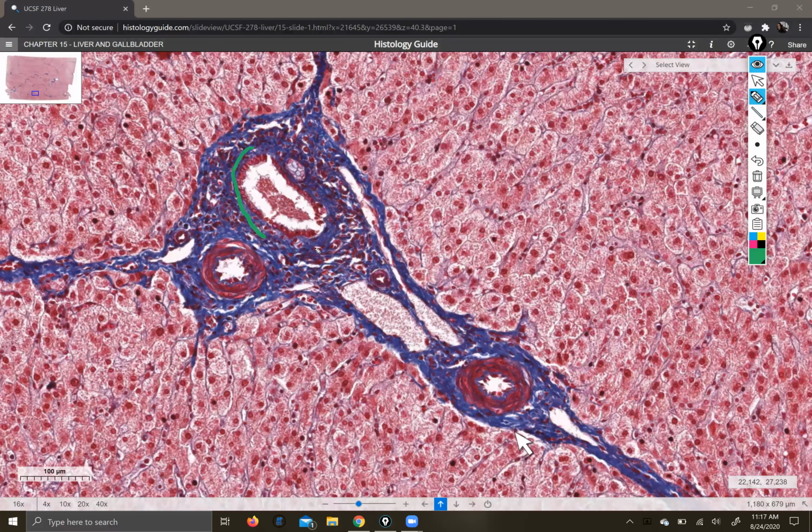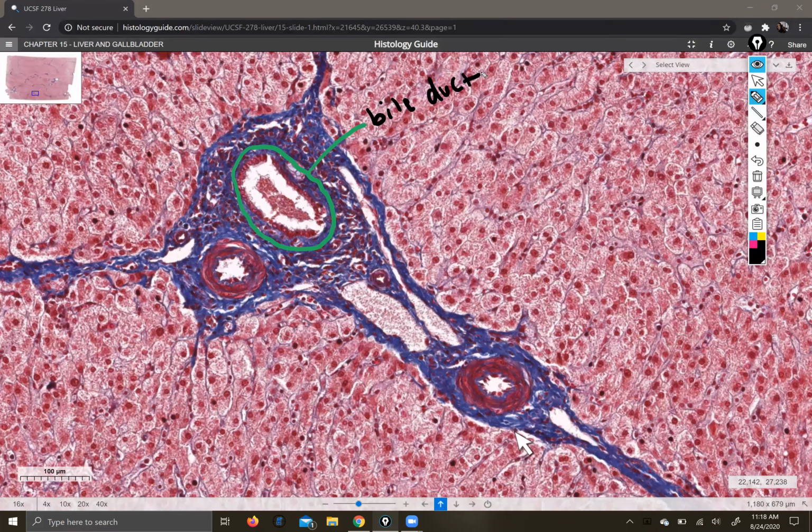So this tube is bile duct. I'm realizing that that green's really hard to see in text, so I'll switch to black. And you might be wondering, okay, how do you know? Great question. I am looking very closely at the epithelium that's lining this.